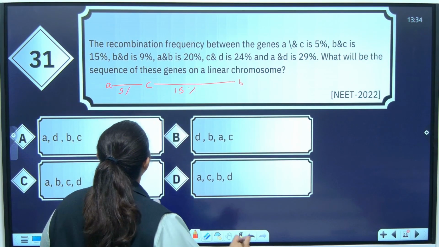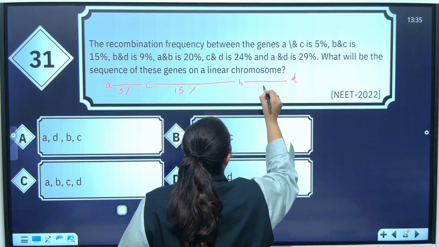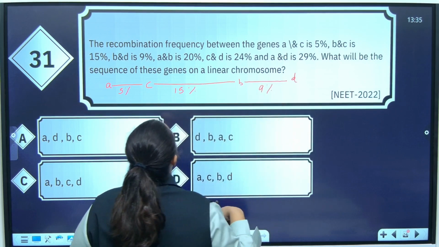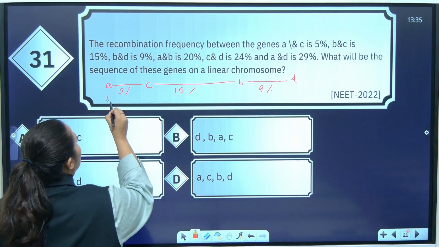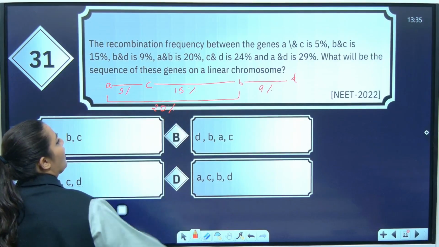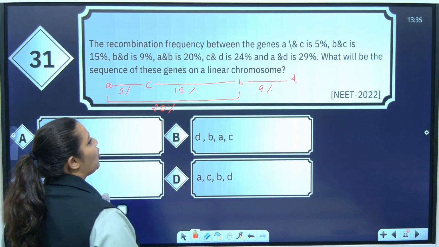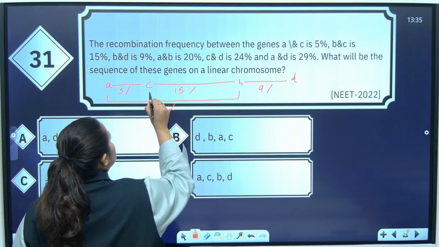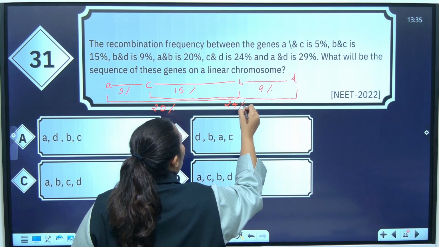Between B and D is 9%. Hopefully, this has to be like this. Between A and B is 20%. So here it is working out for us. Yes, this is working out. 5 plus 15 is 20. Between C and D is 24%. So C and D, 15 plus 9, 24%.